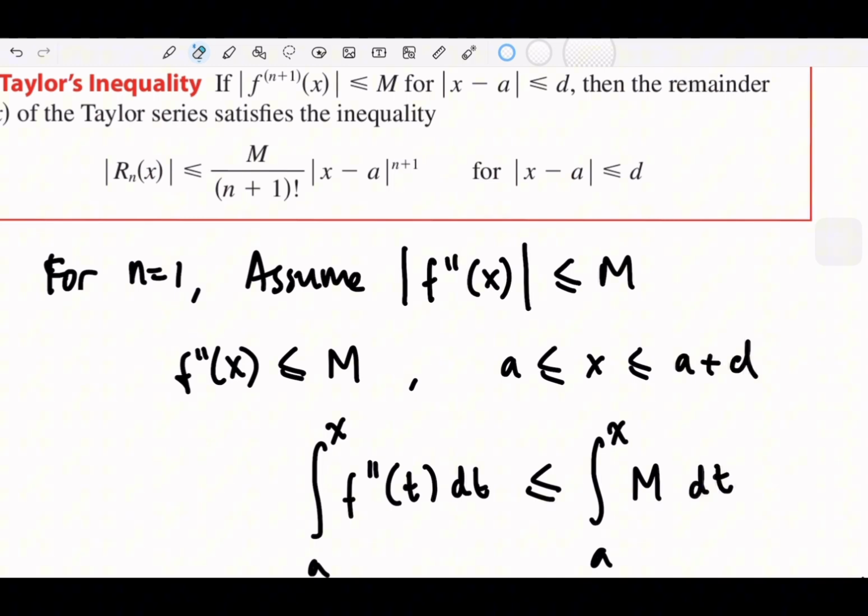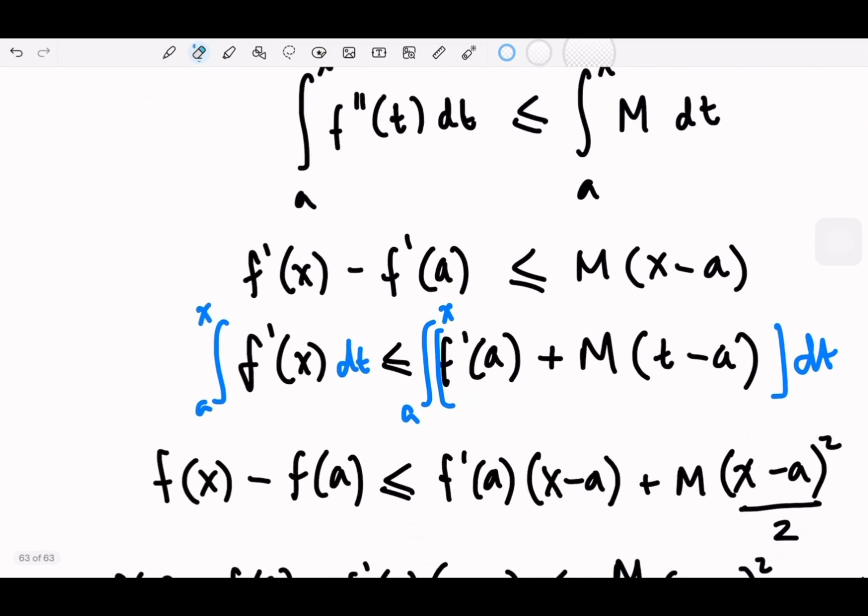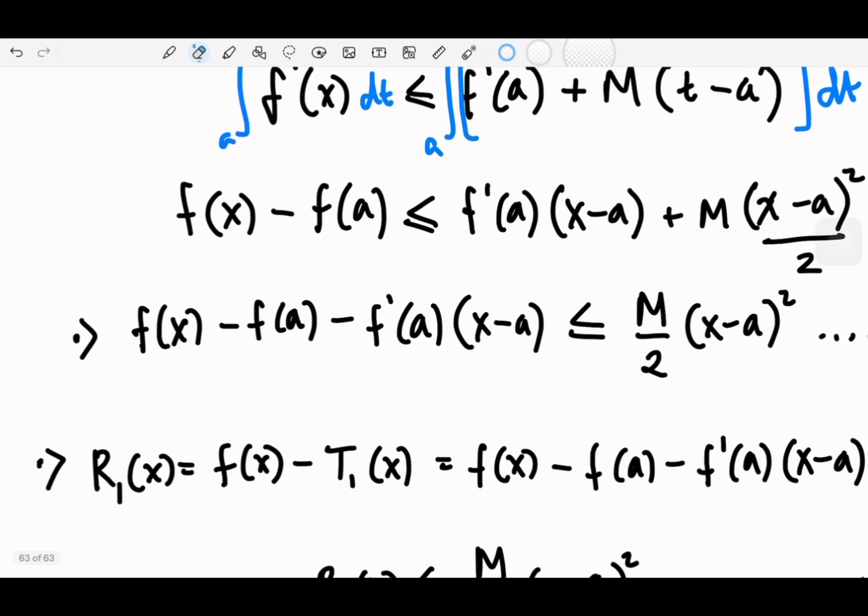For example, our component here is taken in the form of this part. This is our component for f of x minus f of a, which is basically the same as our R, which we define as f of x minus T1.